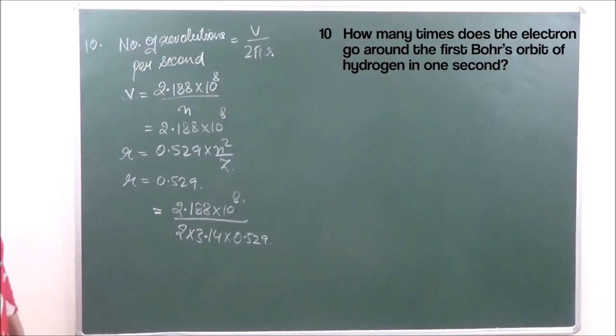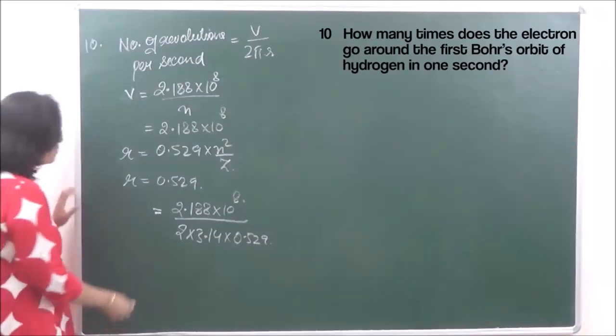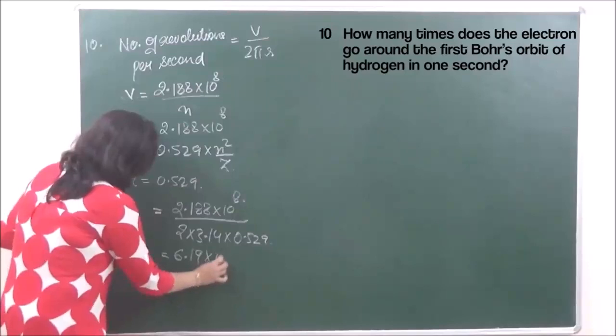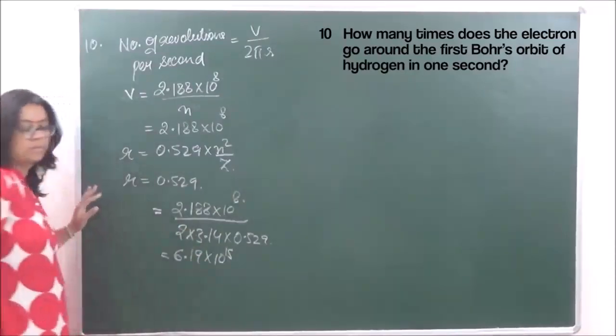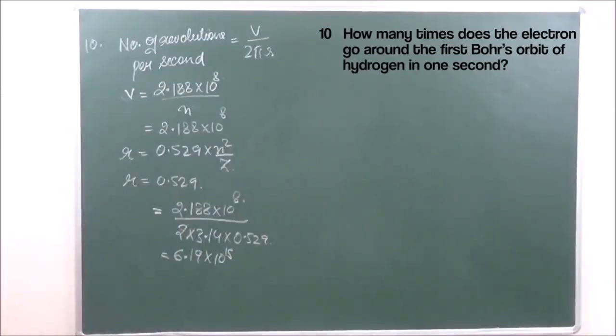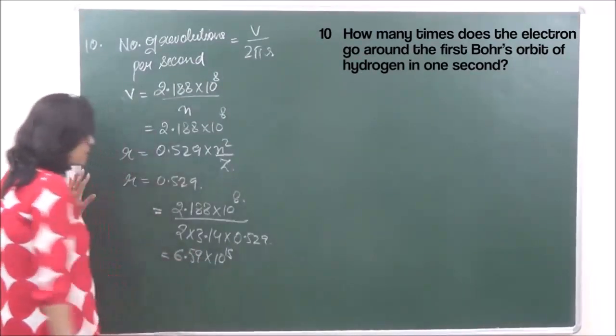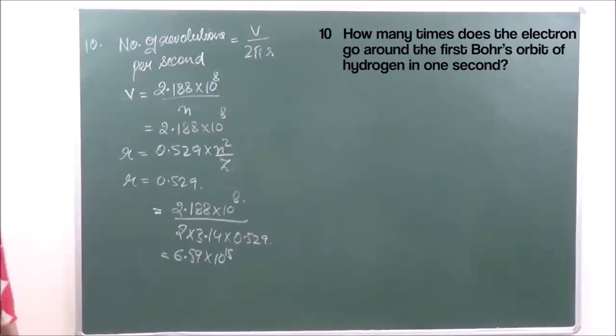So this when calculated comes to 6.59 into 10 raised to power 15. Sorry, not 19, 6.59 into 10 raised to power 15 revolutions per second. Have you understood?